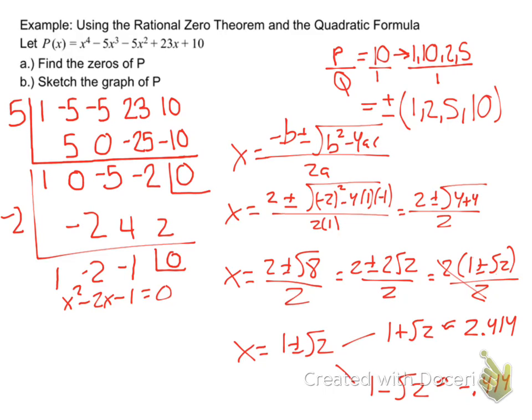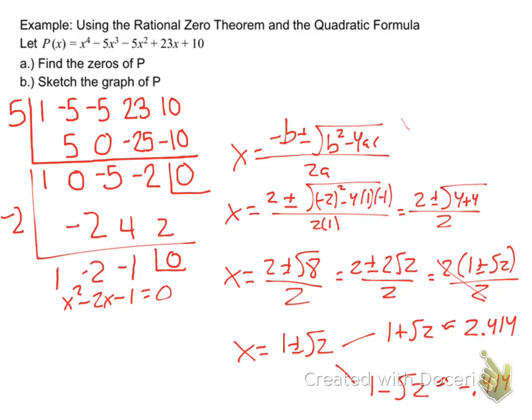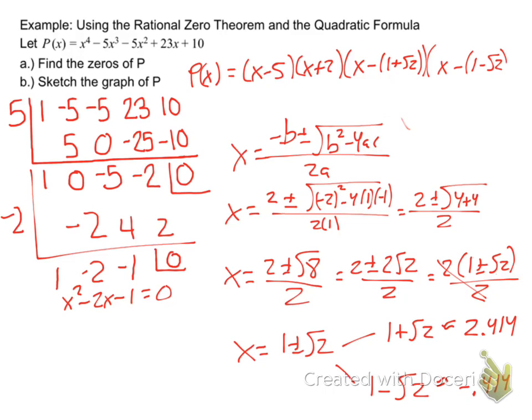But if I asked you to factor this, I'm going to erase some of this work so I can write here. Wouldn't you say that this would be P of x equals (x minus 5)(x plus 2)? Wouldn't it then be (x minus 1 plus the square root of 2)(x minus 1 minus the square root of 2)?